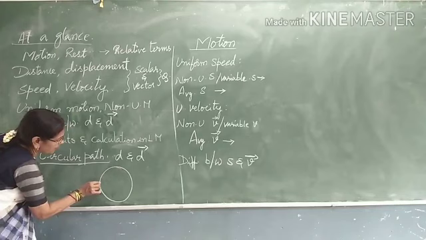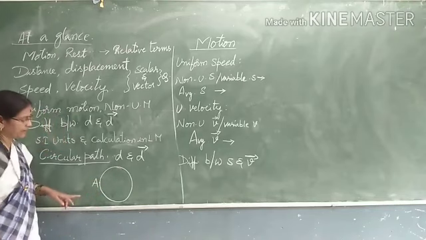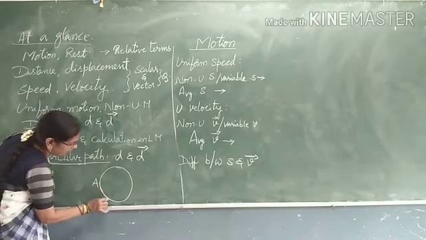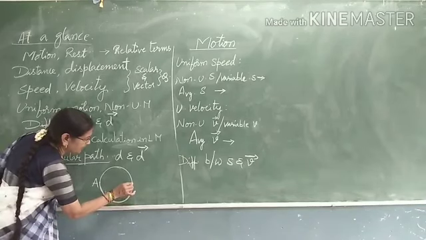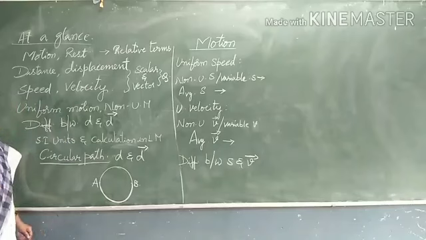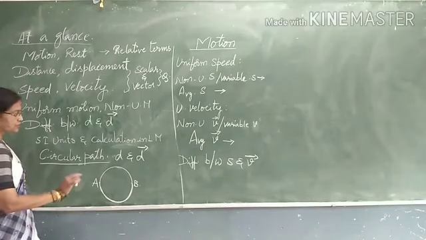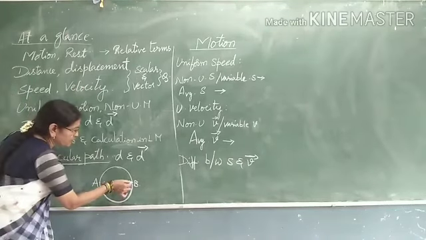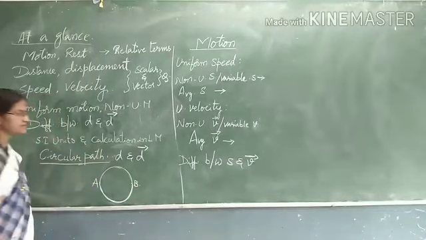Suppose the body is moving from point A and coming till B. What is the distance covered? Suppose it is covering the total circle.